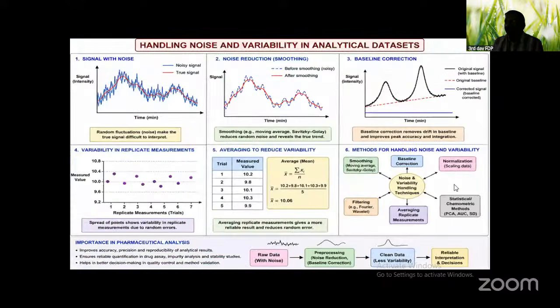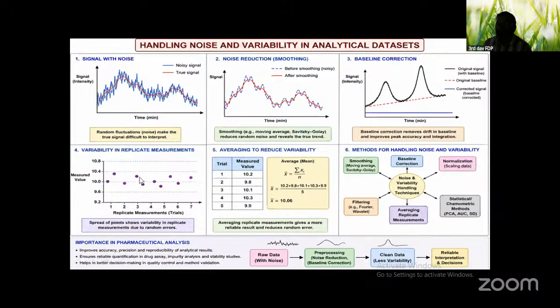Then, to give a summary of this topic, observe in the first point there is a lot of noise along with the peak. Then noise reduction takes place. Finally, baseline correction takes place and we get a neat chromatogram after good separation of the peaks.